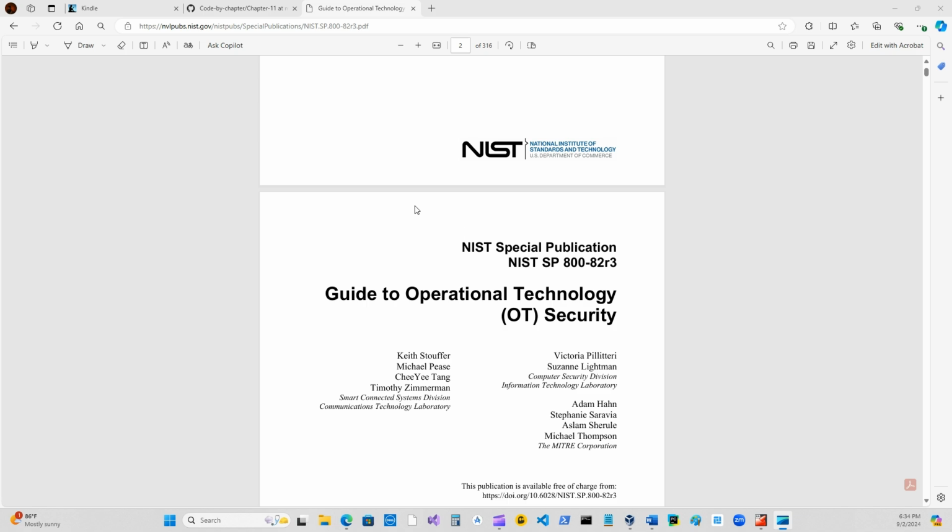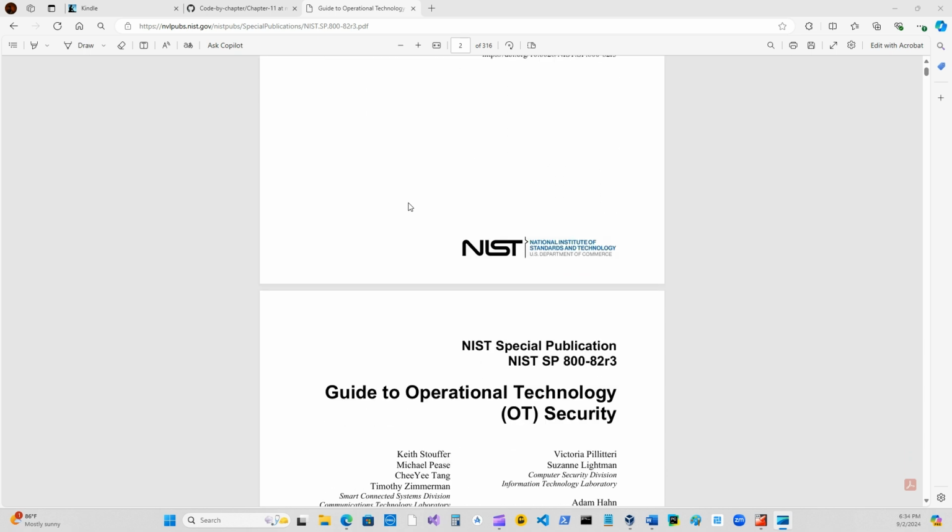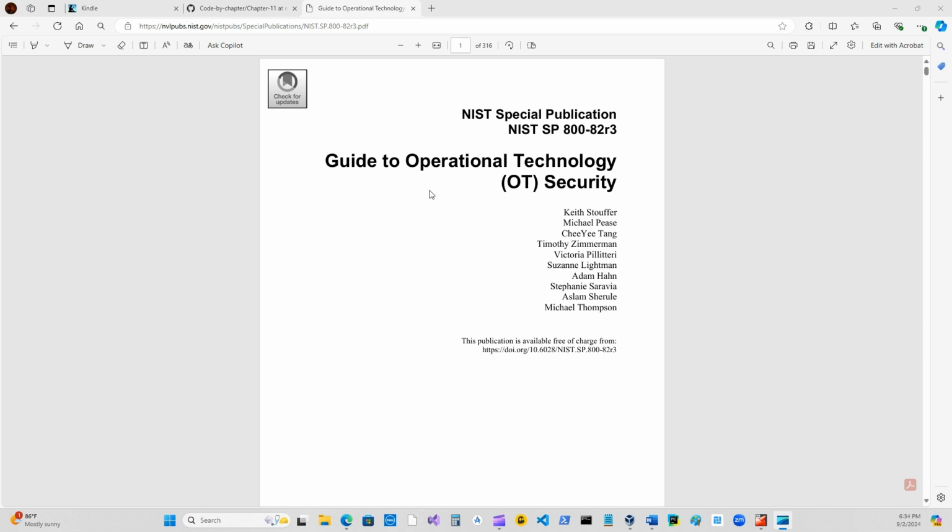Now, there's many different guidelines. There's NIST. There's ISO, I can't remember. There's a bunch of different frameworks recommended for different entities.